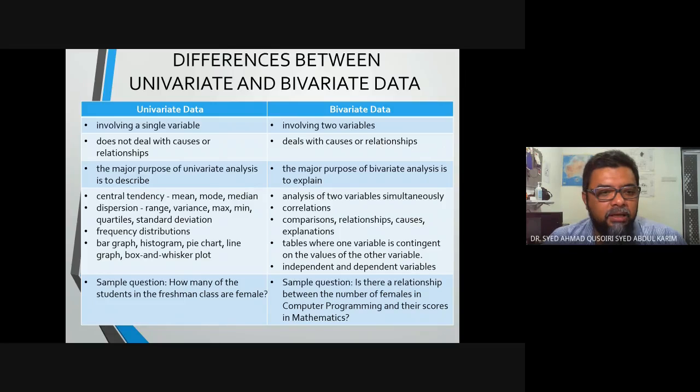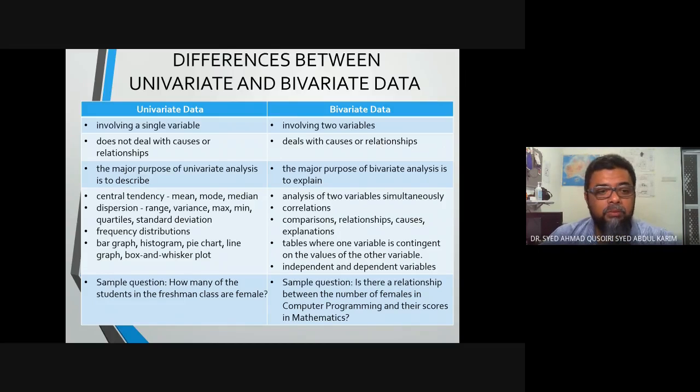The major purpose of univariate analysis is to describe, whereas the main purpose of bivariate analysis is to explain. So in bivariate data, you have a lot more things to play with compared to univariate data.